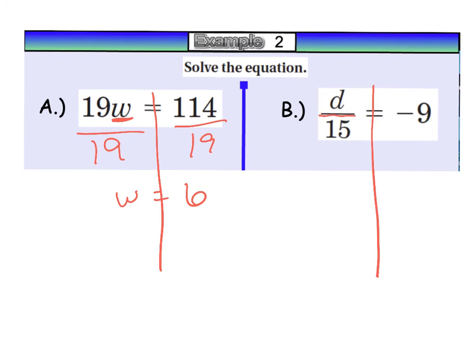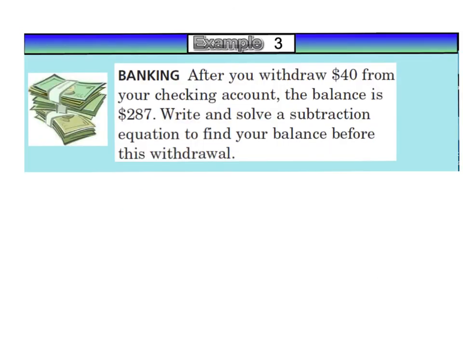This side, this line means divide, so you're doing D divided by 15, so we're going to do the opposite and multiply by 15. So we have D by itself, because these two would cancel out. -9 times 15 gives us a -135. So you always do the opposite to undo what they were doing.